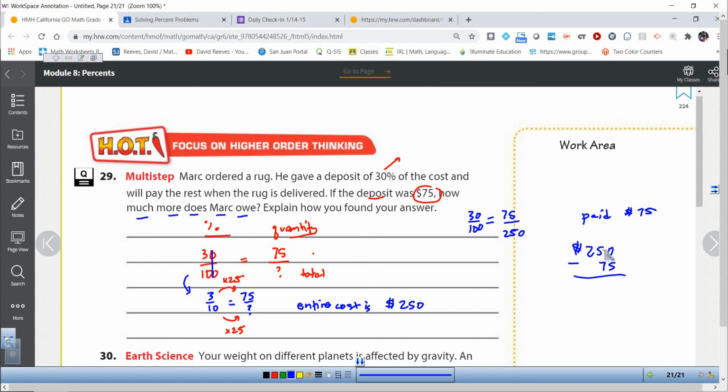We have to do 250 minus 75. Well, 250 minus 50 would be 200. Take away 25 more, and we get $175. So he owes $175. If you add 175 to 75, you're going to get the $250. That's O-W-E-S.